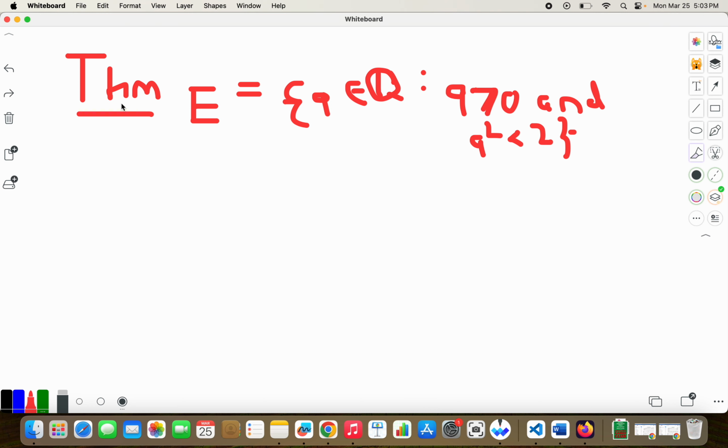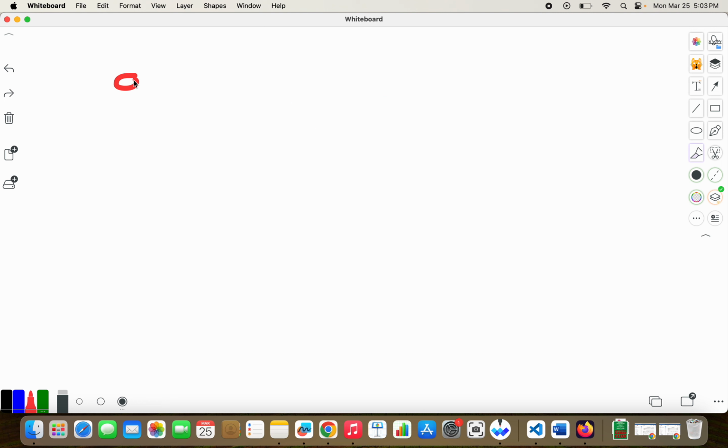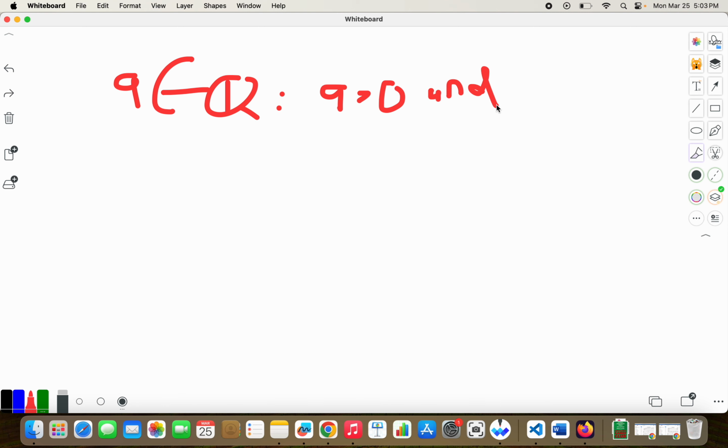So let's just call it E, the set of q in the rationals Q, such that q is greater than 0 and q squared is less than 2.